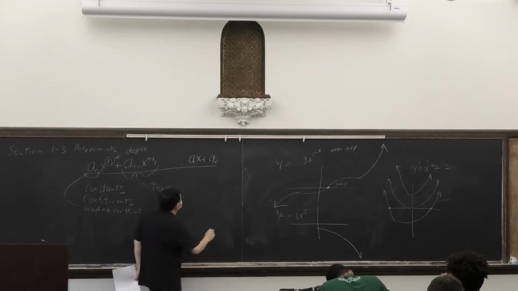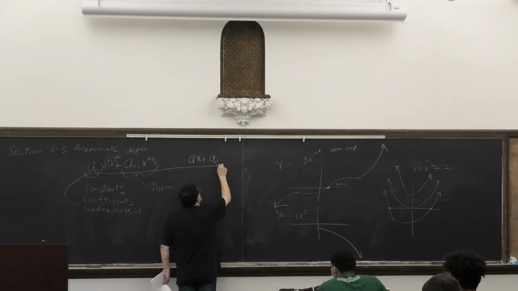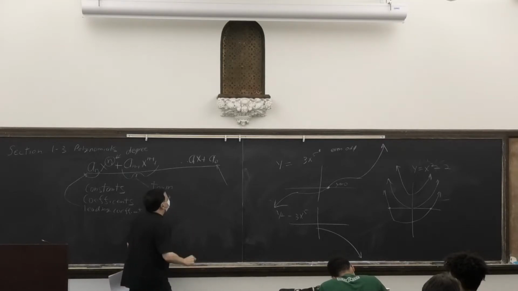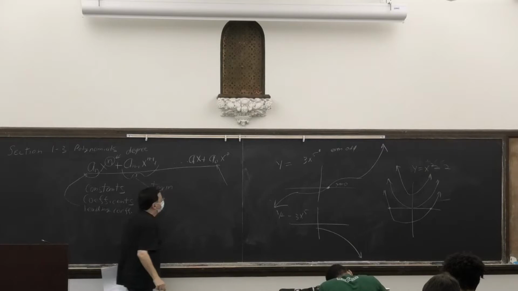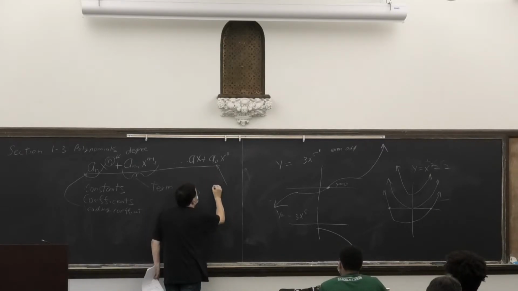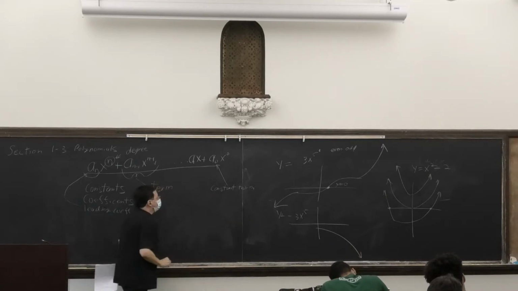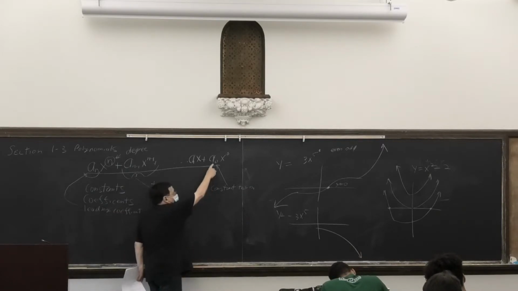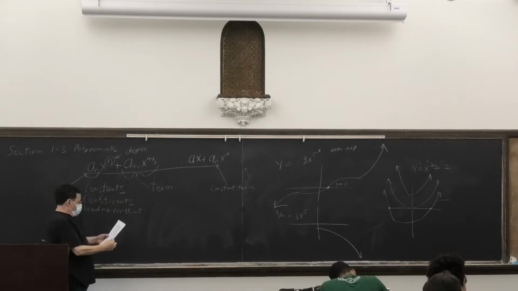And think of this as x to the 0, 1. This is called the constant term because there's no x there. This can be 0.